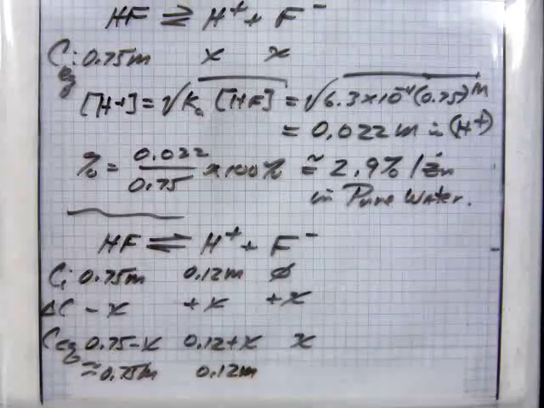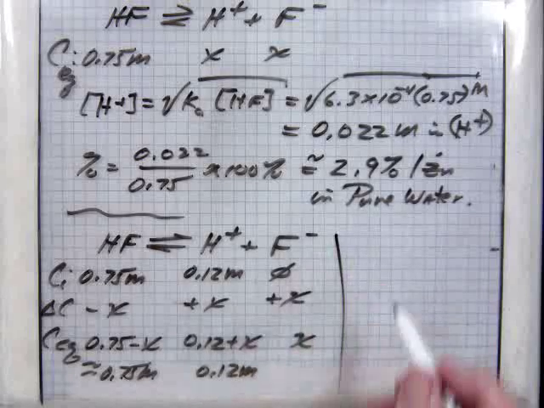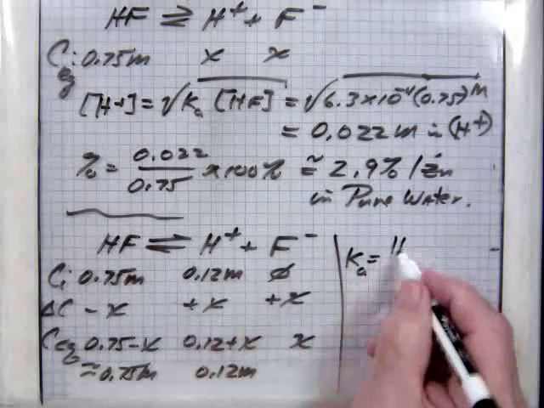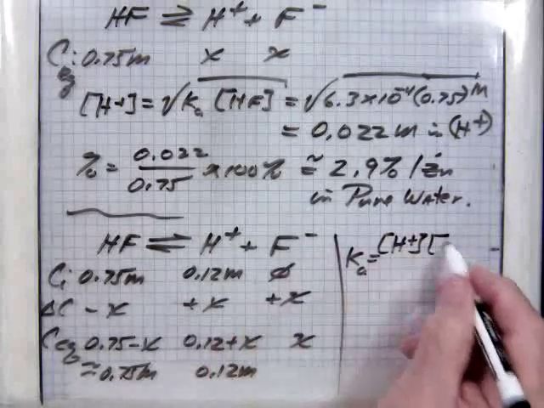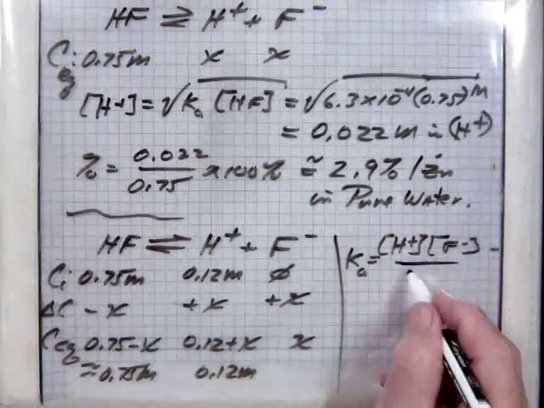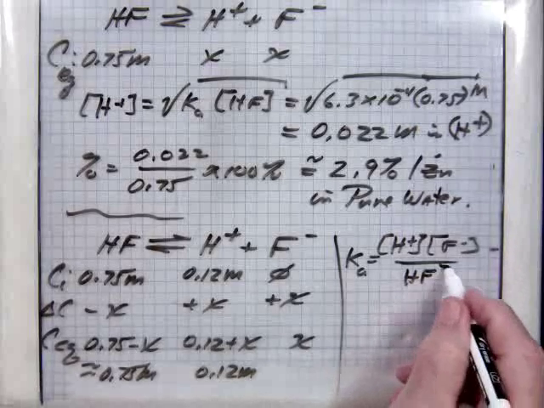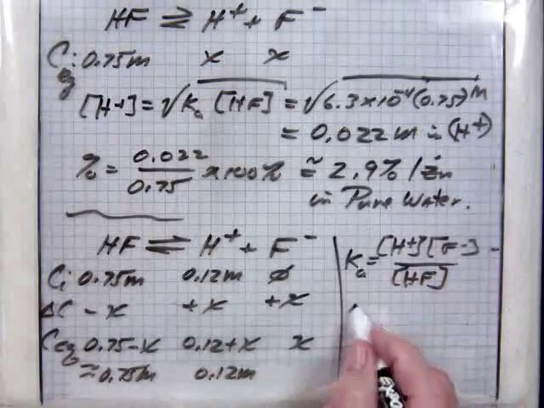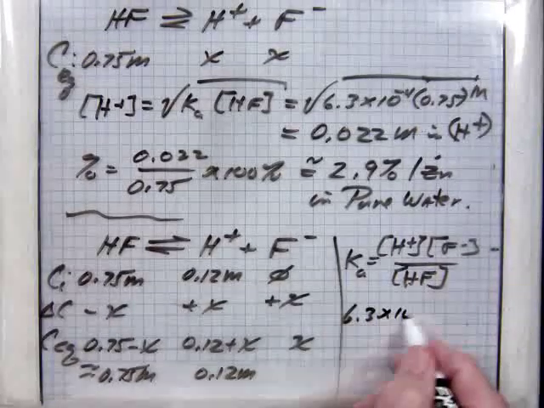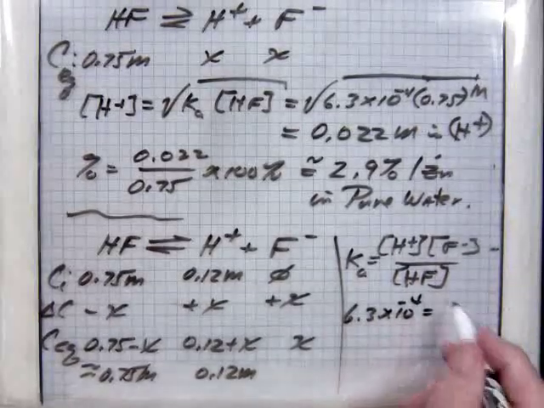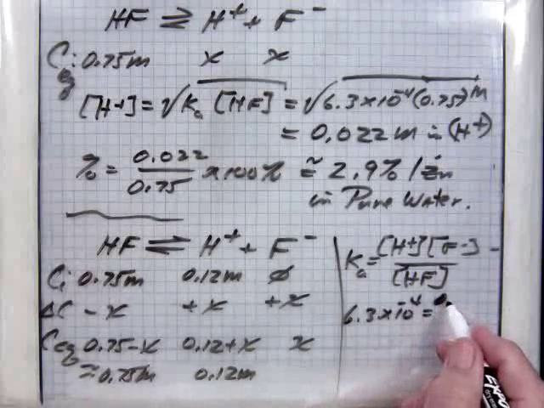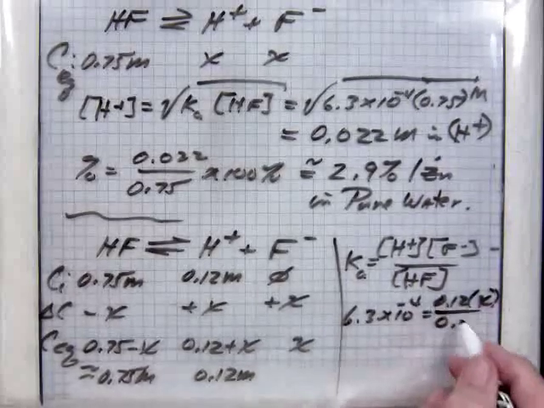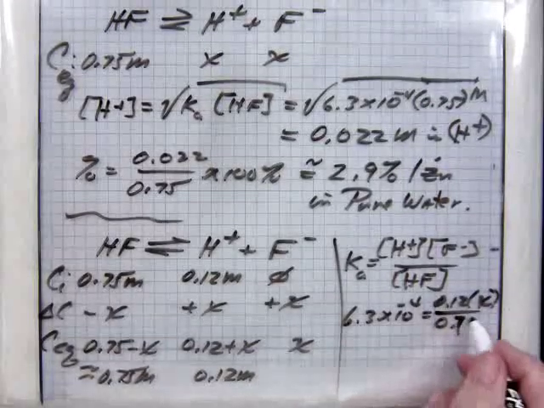And, of course, X. So now we want to apply this to the equilibrium expression and solve for the fluoride concentration. Of course, that would be 6.3 times 10 to the minus 4 equal to 0.12x over 0.75.